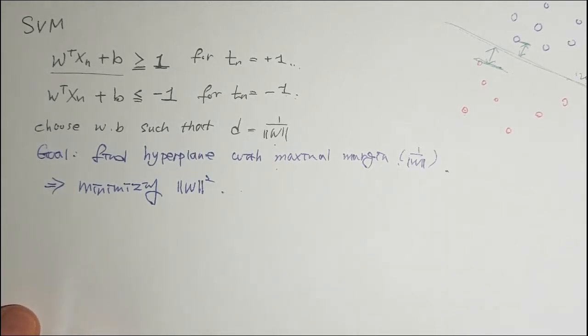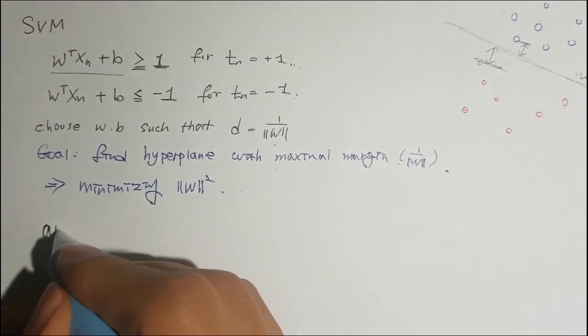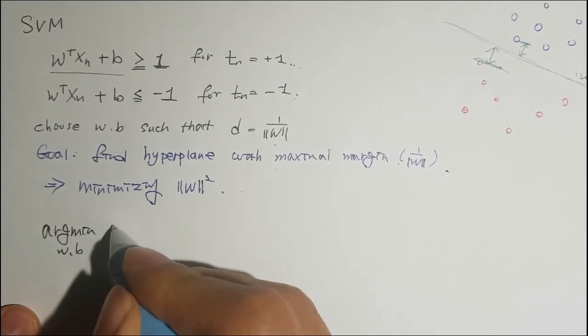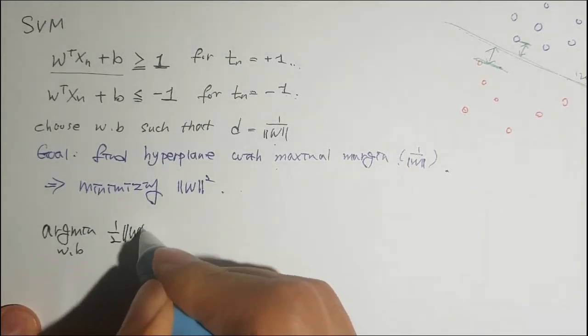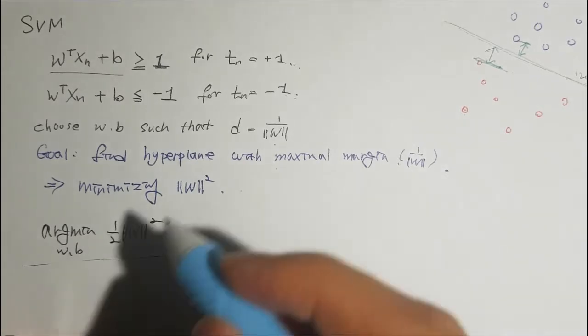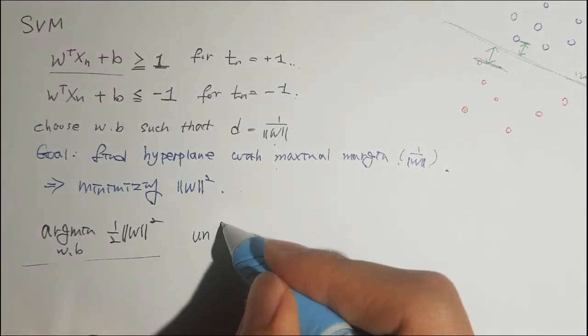So in our basic math, I can write it down. Arg min of this will be our goal, but there is a constraint.